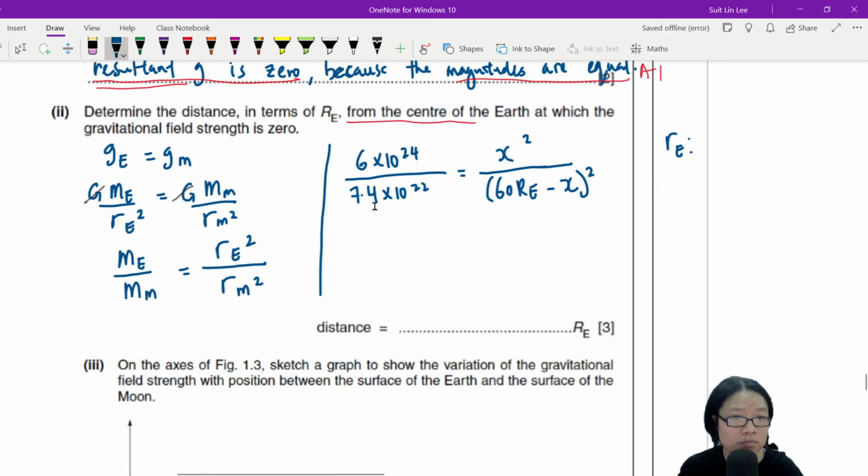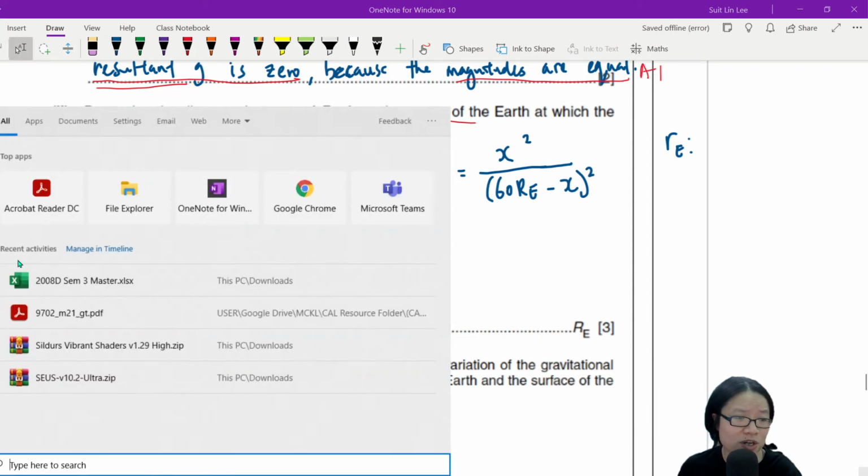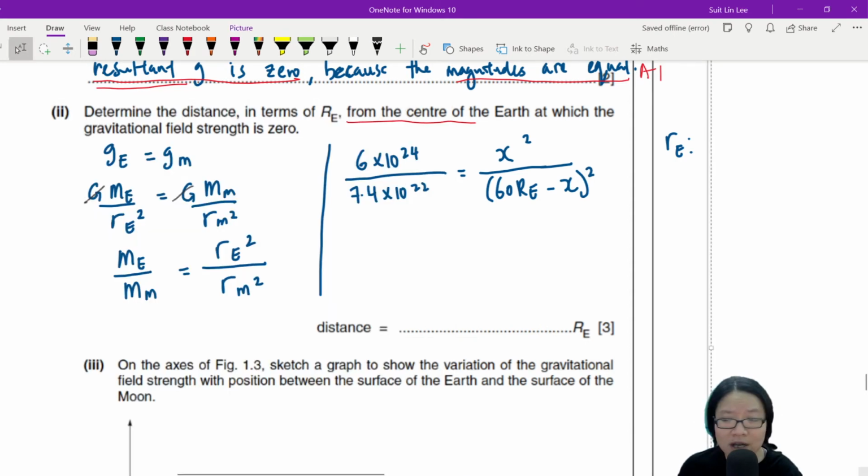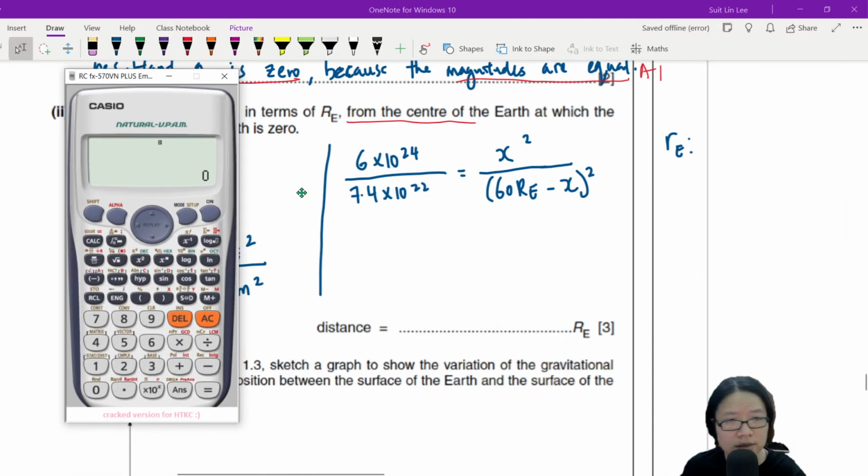Okay, so I will put it in. Here is where sometimes people will think, oh, I need to open the square, a squared minus 2ab plus b squared. Please don't do that to yourself. You will encounter a very strange quadratic equation that you may need to solve. Of course, you can always still solve it, because we have our mighty one and only Casio calculator, but this is faster.